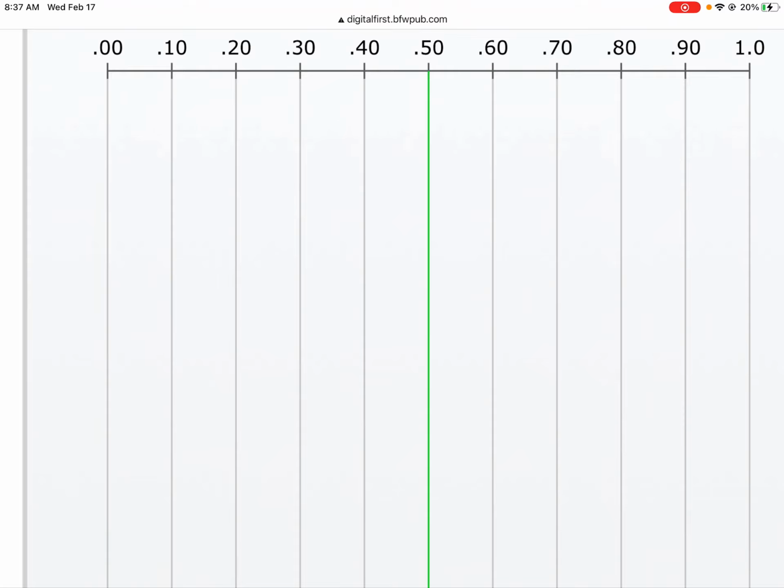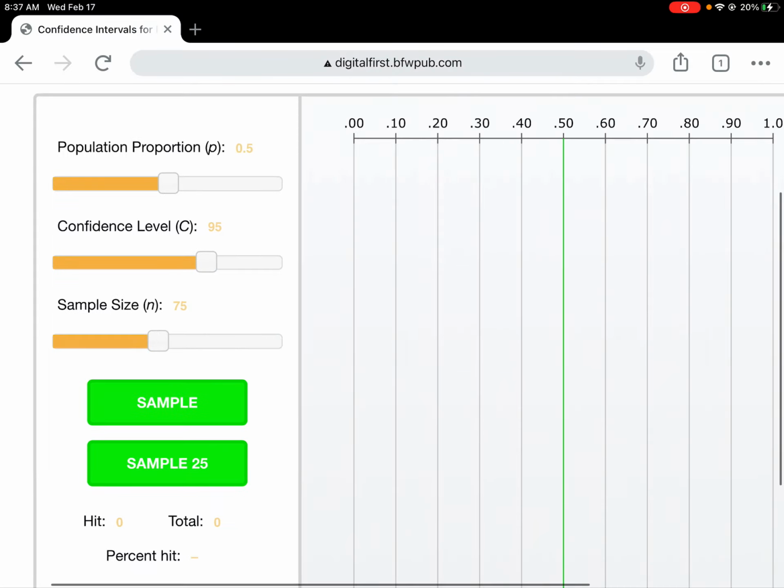What we would like to do here is, when we have our confidence interval, will we catch or touch this green vertical line? Because if we do, then that means we captured the true proportion. If we don't catch the green line, that means we are not capturing the true proportion. Maybe we're all the way higher than 0.50 or we are all the way lower than it.